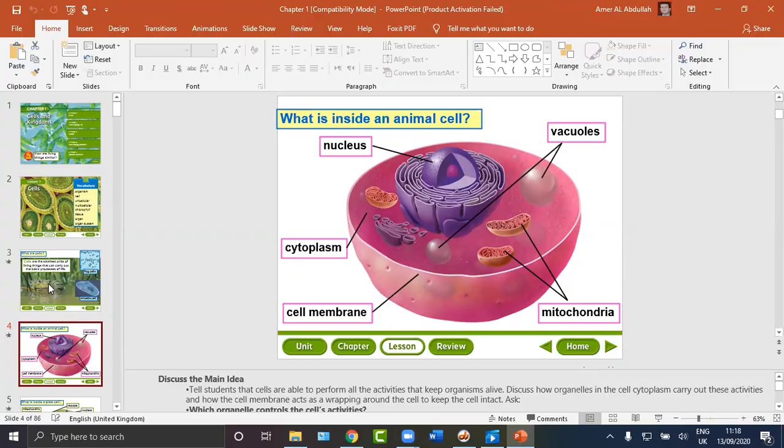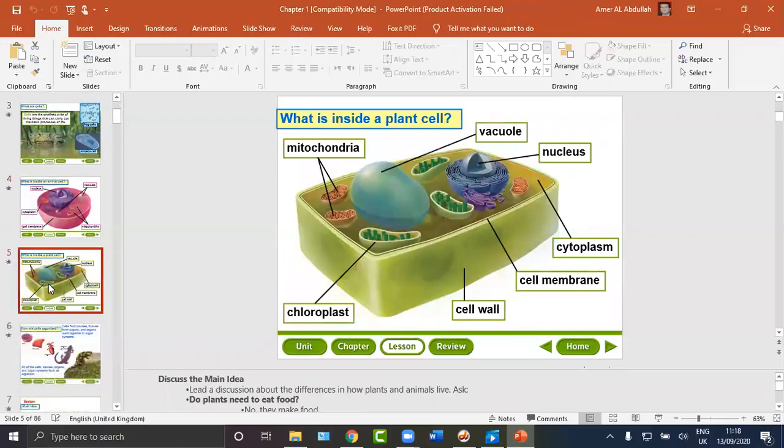Nucleus, vacuoles, cytoplasm, mitochondria, and cell membrane. Now we will start with what's inside a plant cell. Mitochondria, vacuole, nucleus, cytoplasm, cell membrane, cell wall, and chloroplast.